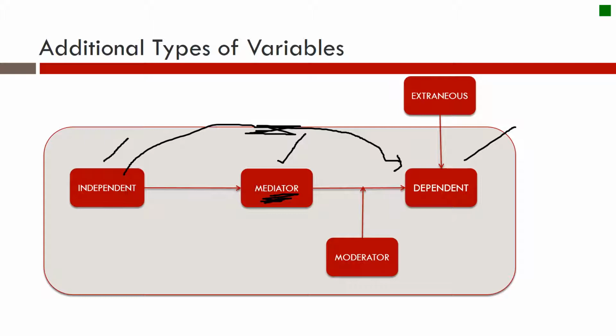A moderator is an interaction effect with some other variable. For instance, this might be income, which leads to some type of purchase behavior, and then the moderator here maybe is the weather outside.